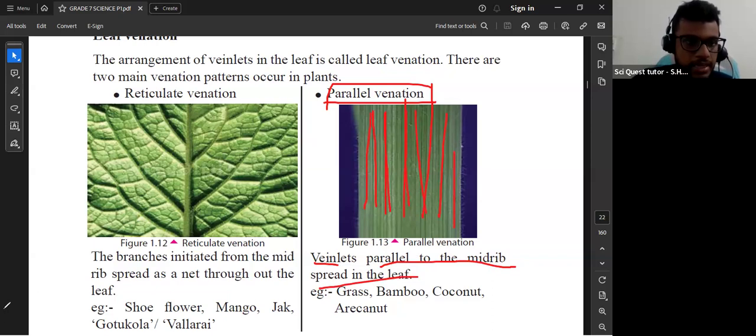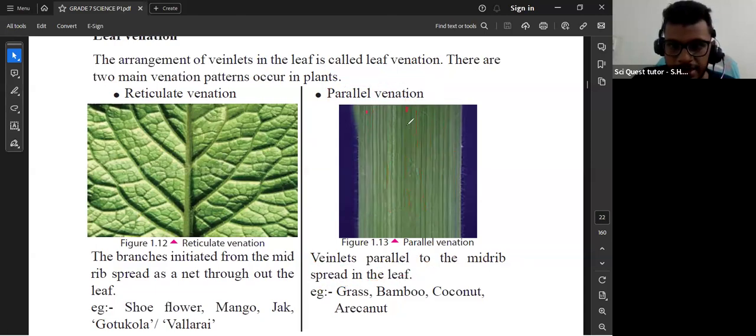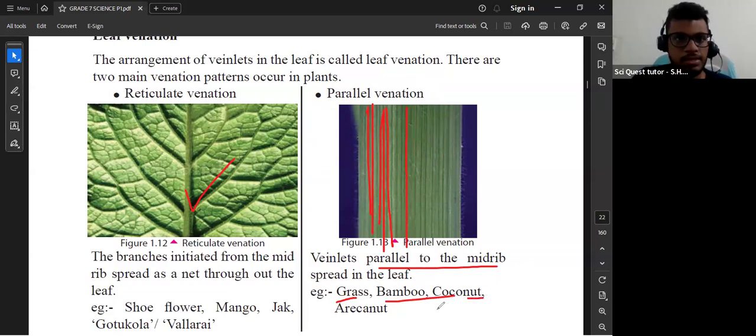You can look at it clearly here. Now let's say this is the midrib. So this is how the veinlets are separated. Most plants have reticulate venation. But when it comes to parallel venation, you have to understand the veinlets run parallel to the midrib. Examples are grass, bamboo, coconut.